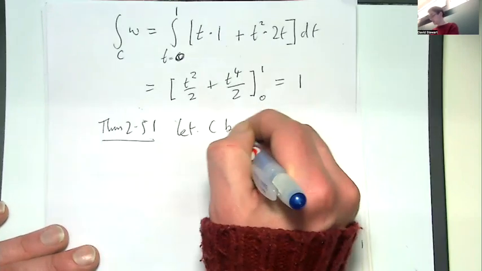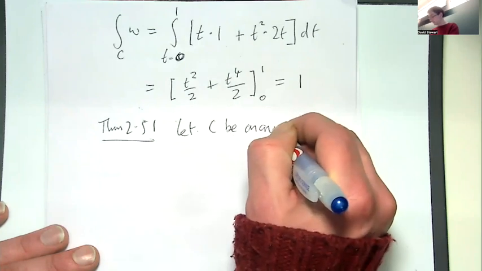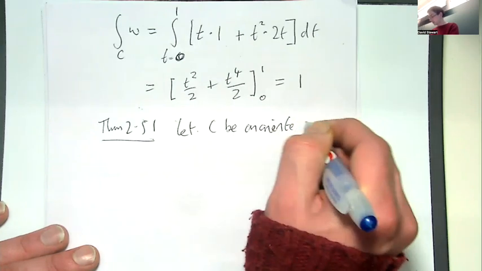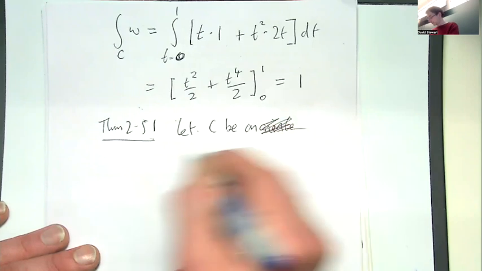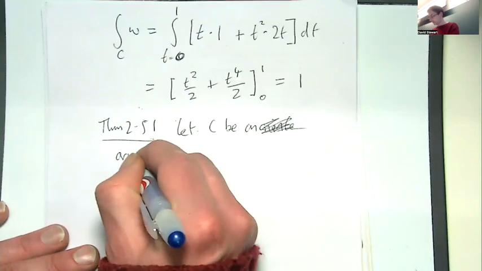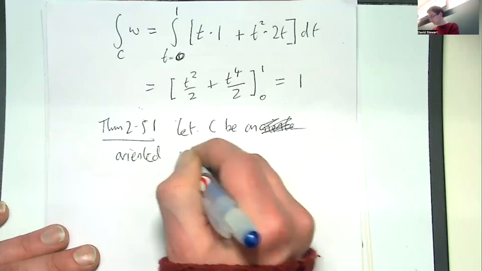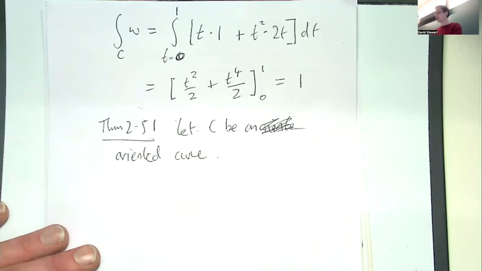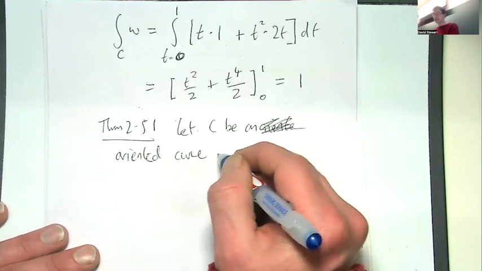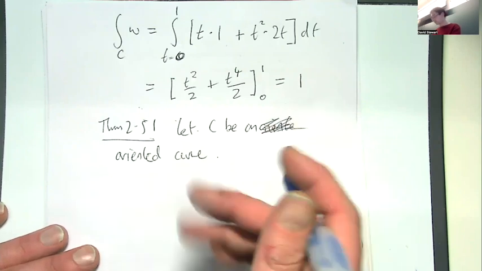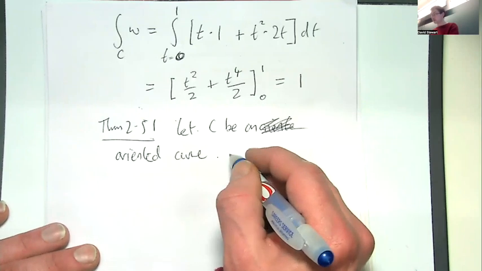Let C be an oriented curve, which means that you picked a direction for it to go along. So there's some parameterization that you've chosen in the right direction.